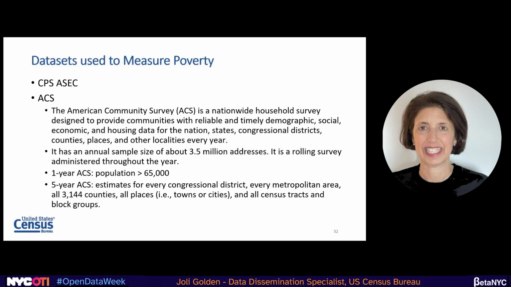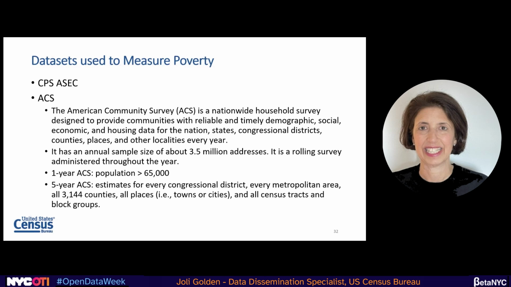And when we release that data, it covers 66 questions, so it's incredibly deep in terms of topics and subject matter. When we release the survey, we release 1-year results, usually in September, for larger geographies, so populations of 65,000 and above.